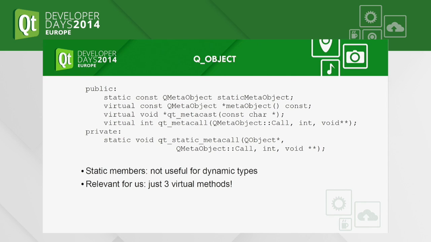So it also turns out we can ignore those bits for our use case. So in the end, this boils down to three virtual methods which the Q_OBJECT macro declares, and then moc generates an implementation for that. And if we want to do this ourselves, that's the part we are going to do.